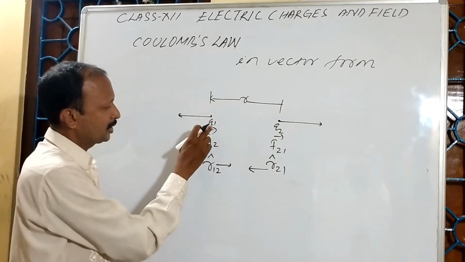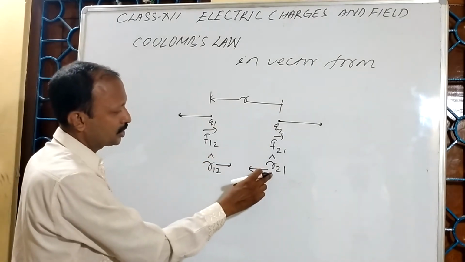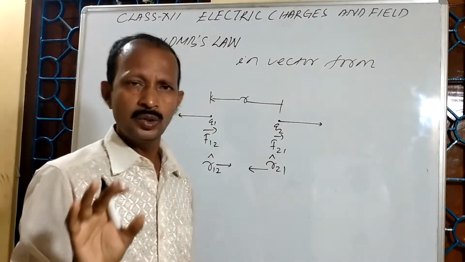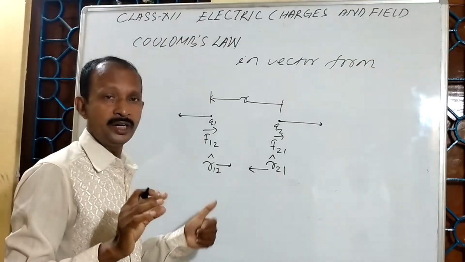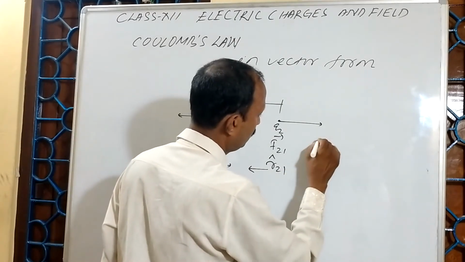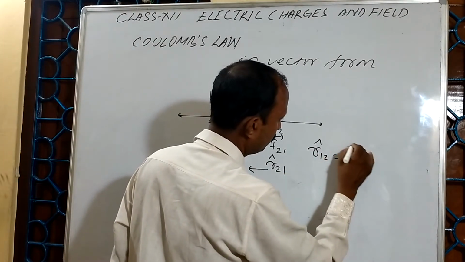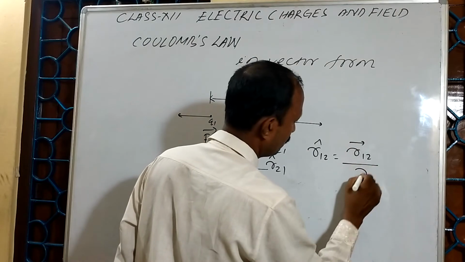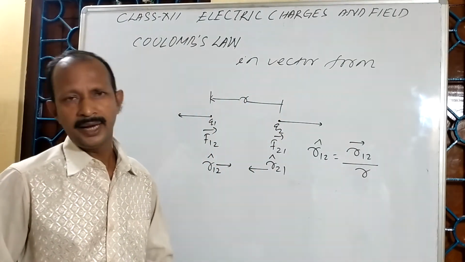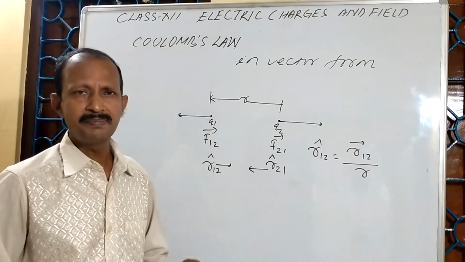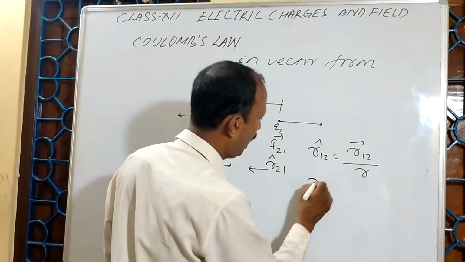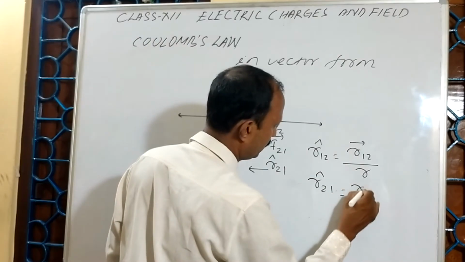Distance from Q1 to Q2, distance from Q2 to Q1. So you know this is the unit vector. This unit vector has only direction because its magnitude is 1.